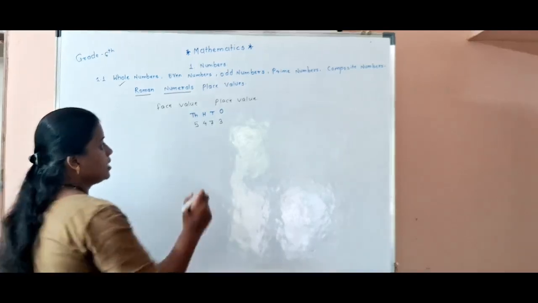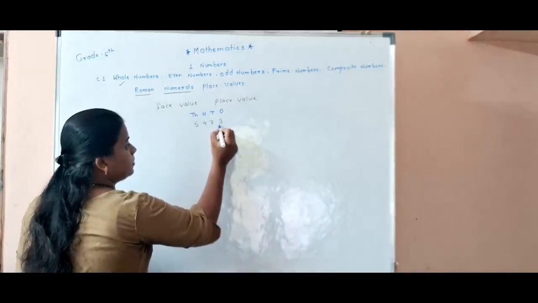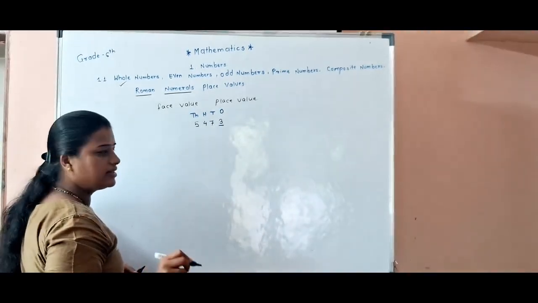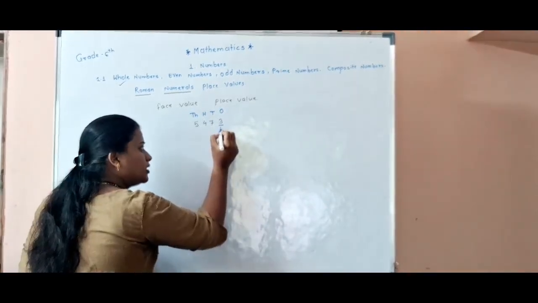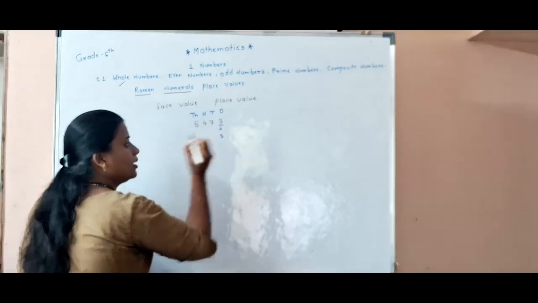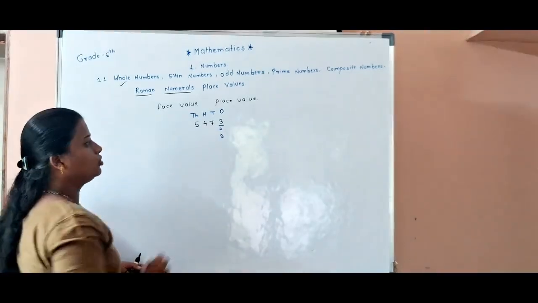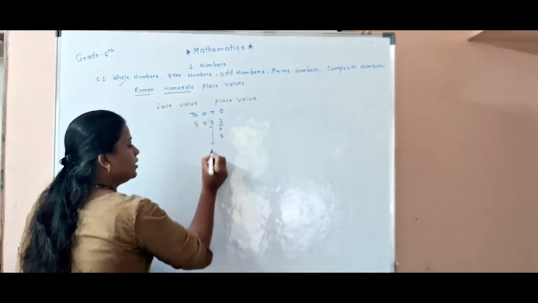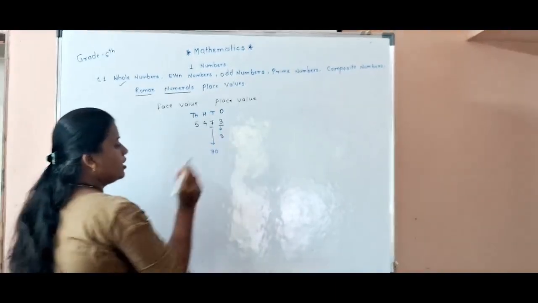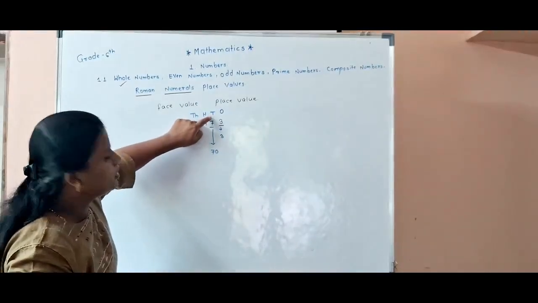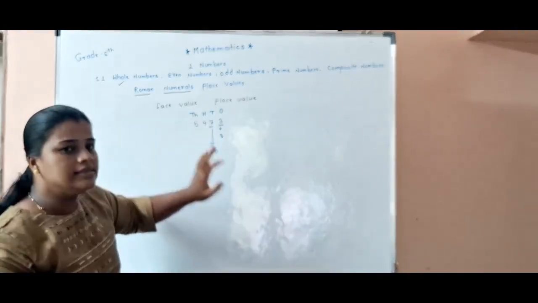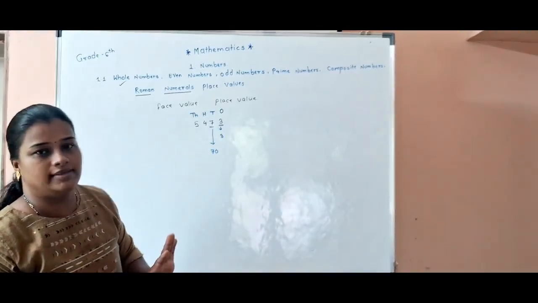Okay, see now, if they ask you the place value of 3 in 5, 4, 7, 3, it will be 3 only. If they ask you the place value of 7, it will be 70. Why 70? Because 7 is on the tens place.